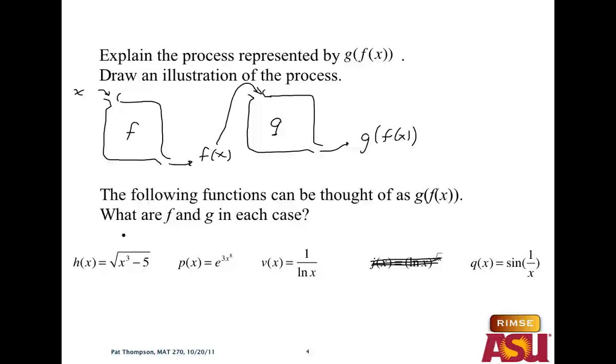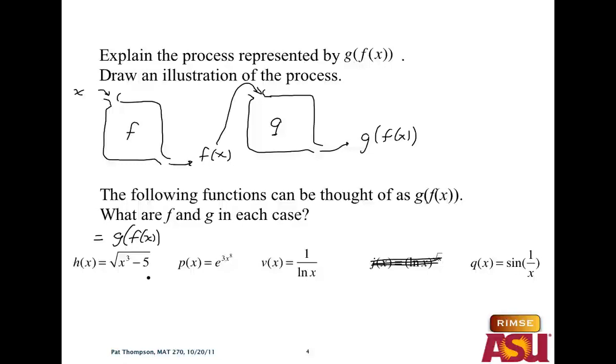So how can we see this h of x as g of f of x? What we're trying to do is pull this apart and say what would the f function be and what would the g function be such that g of f of x would be this h, the square root of x cubed minus 5. Brent, any ideas?